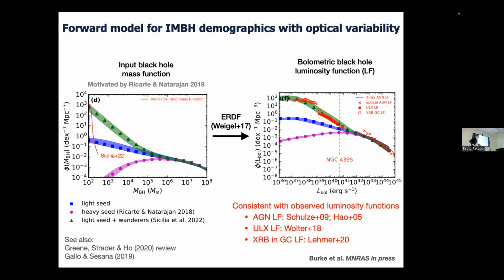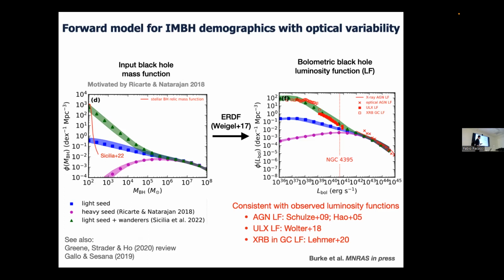You have to assume some bolometric correction, of course. But below a certain luminosity, the AGN luminosity function is not well defined. So in order to figure out, well, is this sort of optimistic wandering black hole mass function crazy or not? What's some sort of upper limit from the observations that we can use?